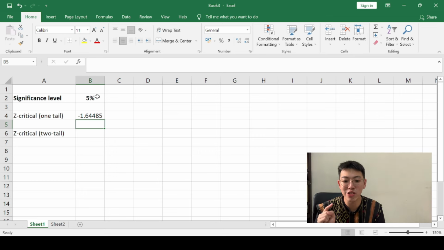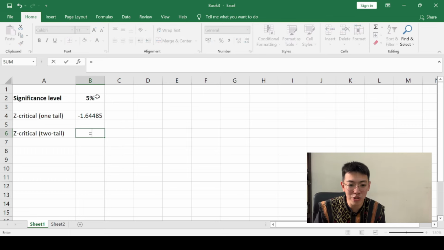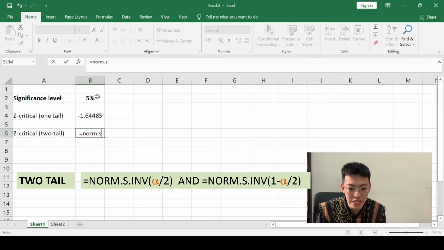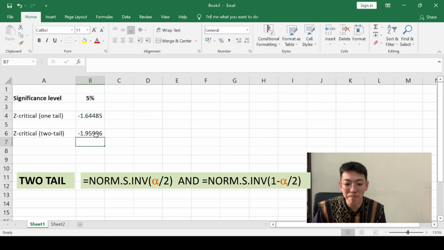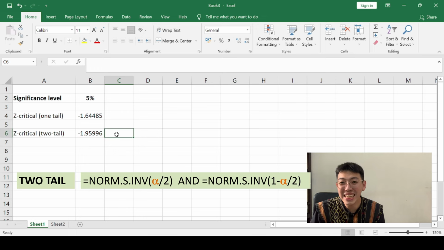If it is one-tailed on the right, just change the negative number into positive. It means 1.64485. However, this test is a two-tailed test. So the formula will be the same: equals NORM.S.INV, open bracket, the probability divided by 2, close bracket. You can find minus 1.95996. Since it is two-tailed, there will be two Z critical values. For the second Z critical, just convert the negative value into positive.